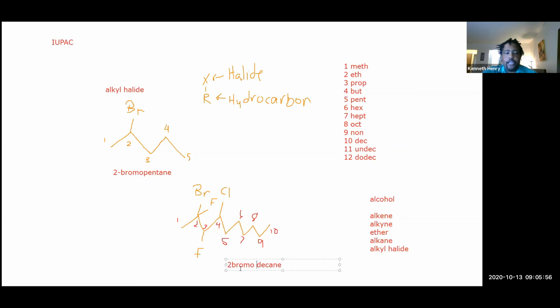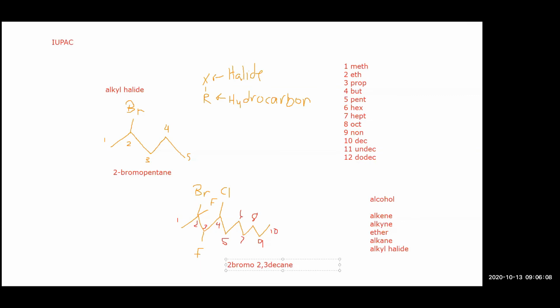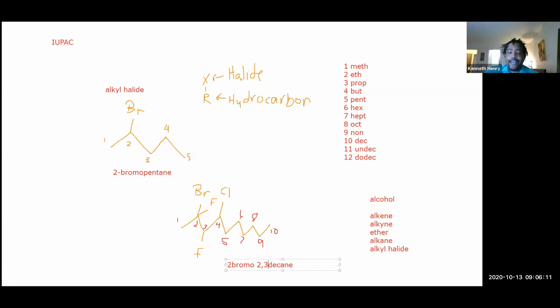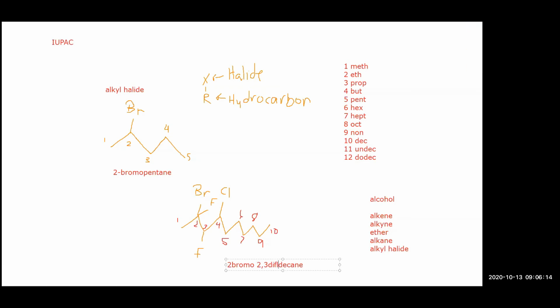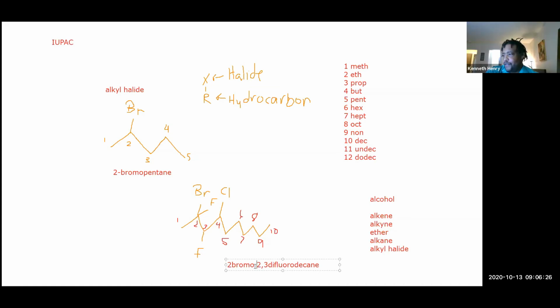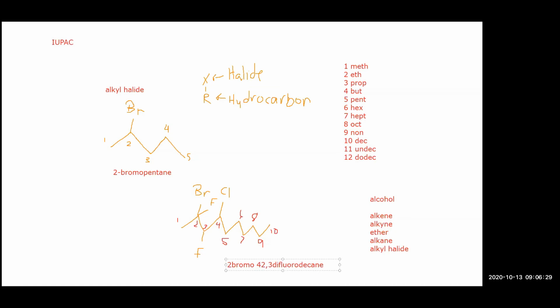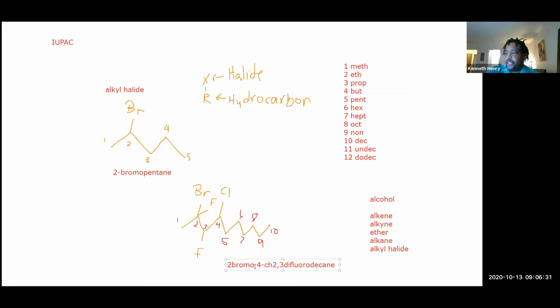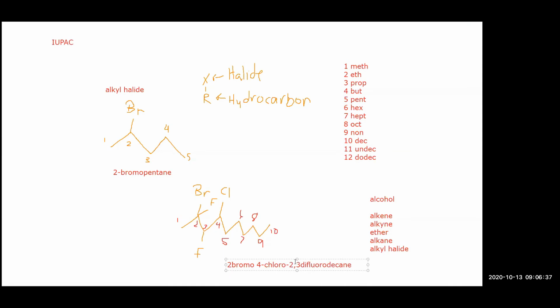So 2, 3, difluoro, and then 4-chloro. Why do you put 4 after 2?